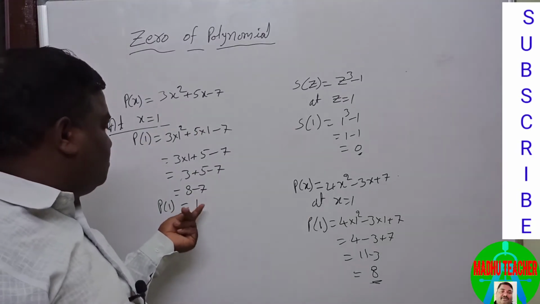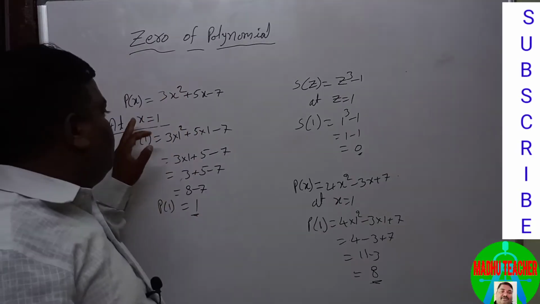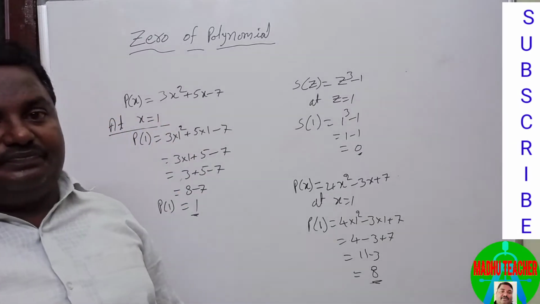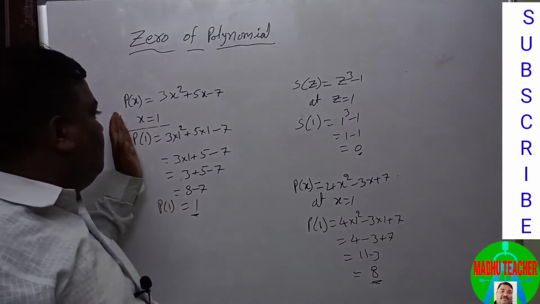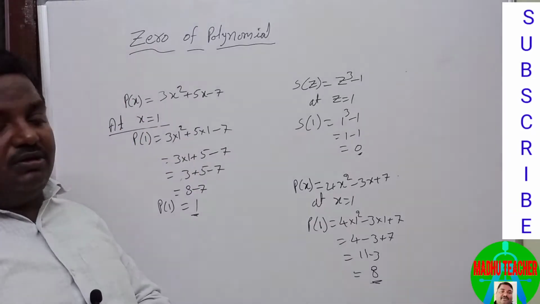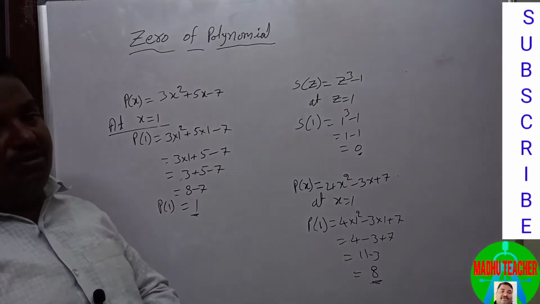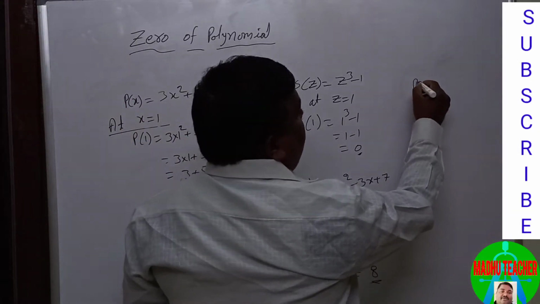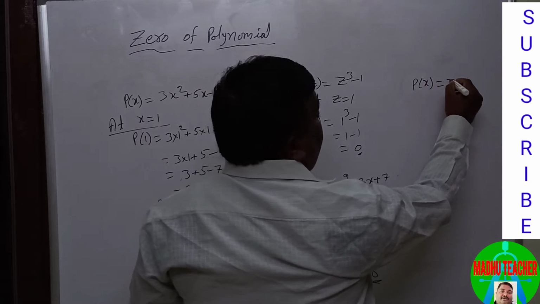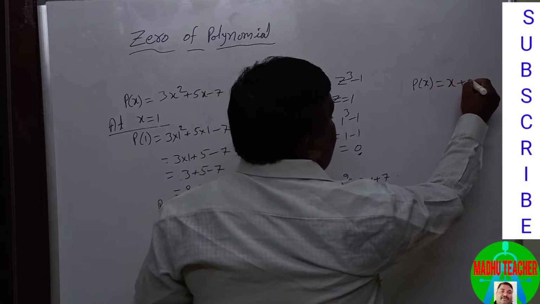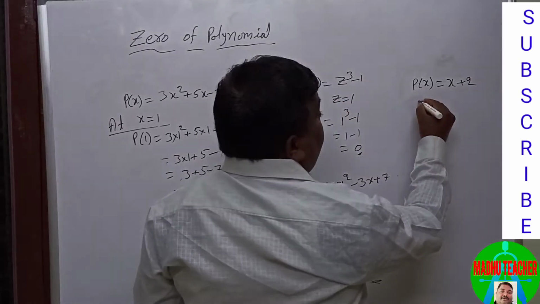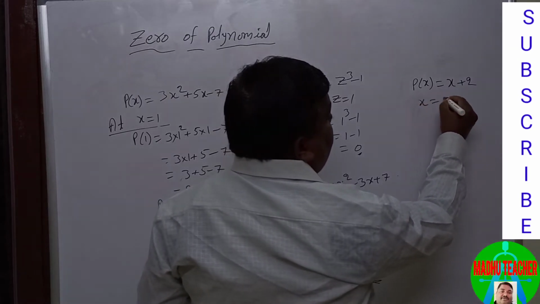Otherwise, that is just the value of that polynomial at the given variable value. So this is the zero of the polynomial. So how can you get the zero of the polynomial? Suppose let us take one polynomial x plus 2. Suppose I am taking x equal to minus 2.